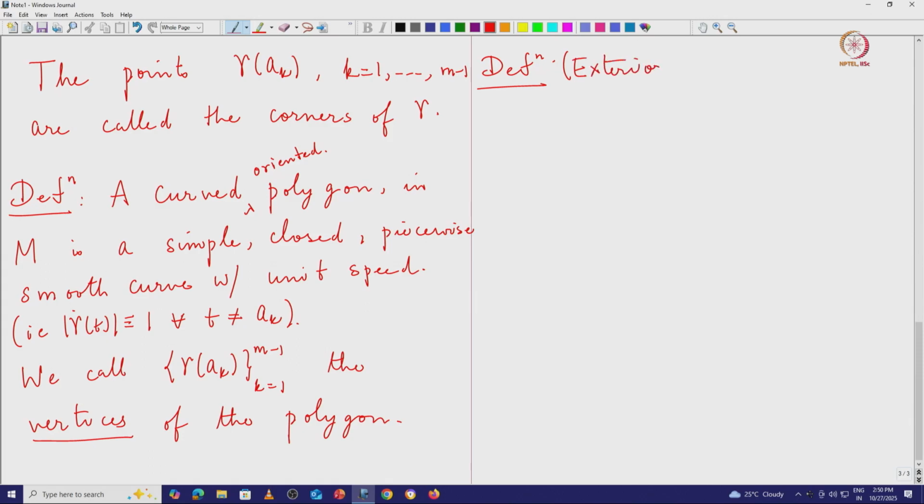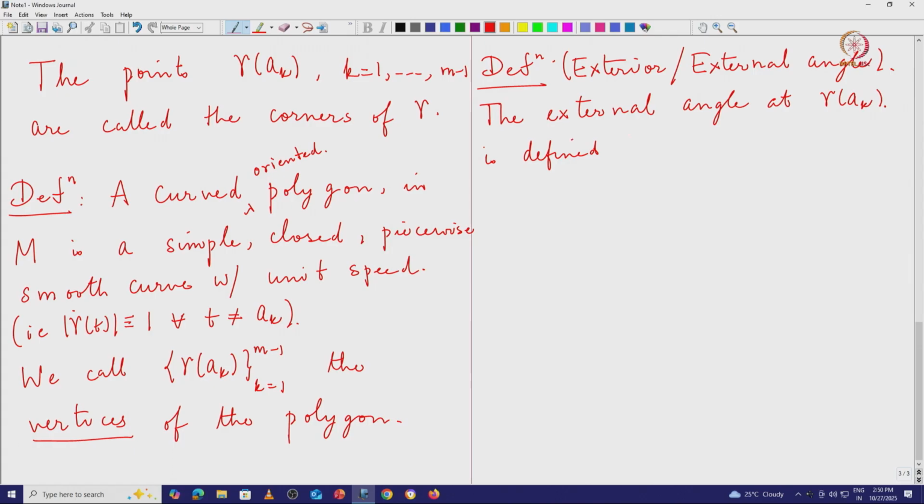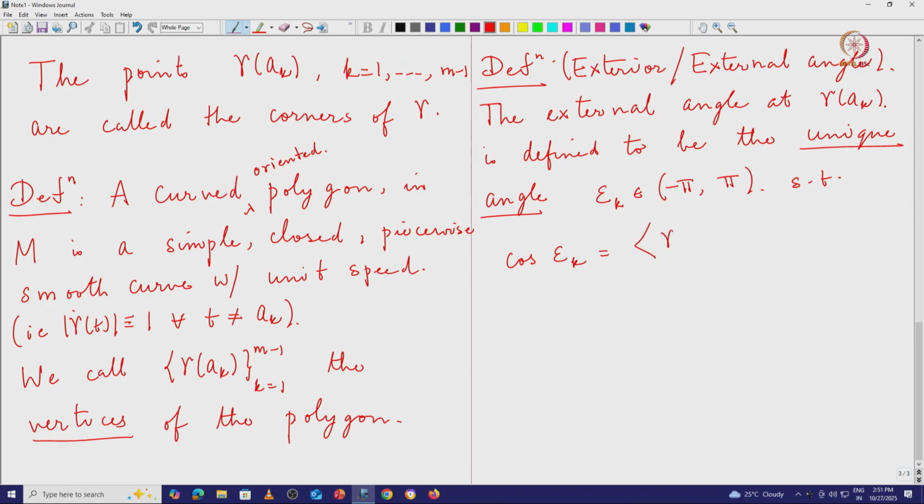So the exterior or external angle at one of these vertices is defined to be the unique angle, denoted by epsilon k, between minus pi to pi, such that cosine of epsilon k is of course given by the formula that we would expect.